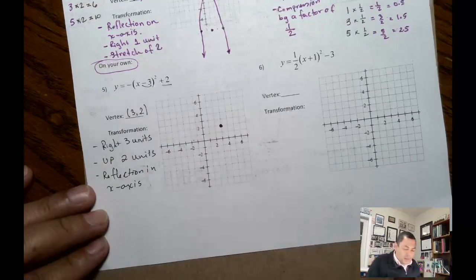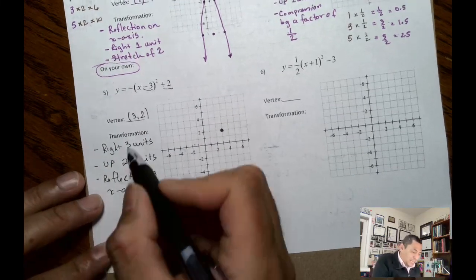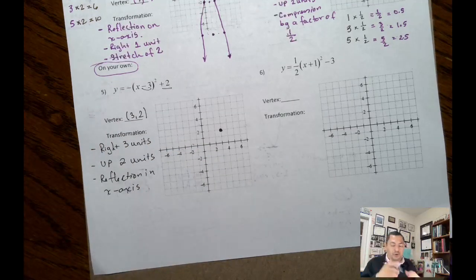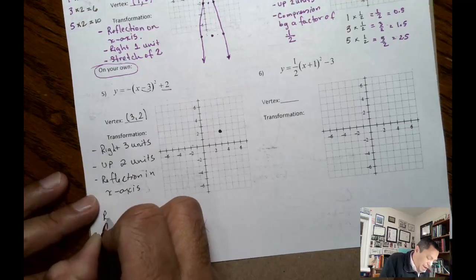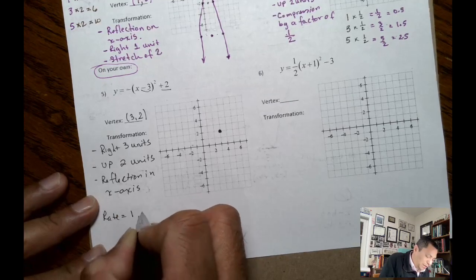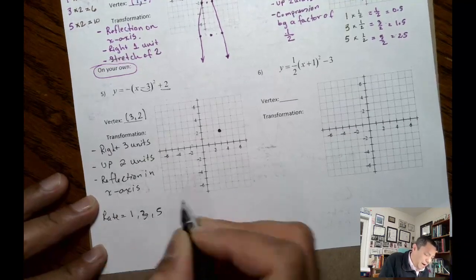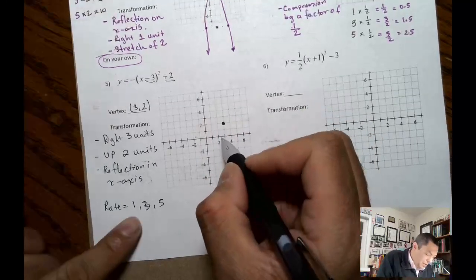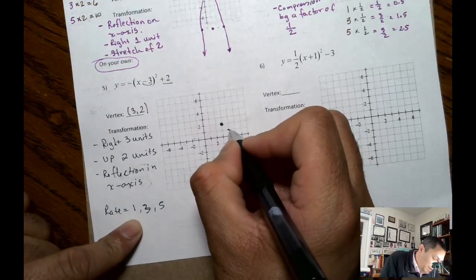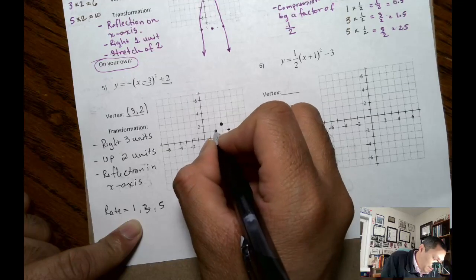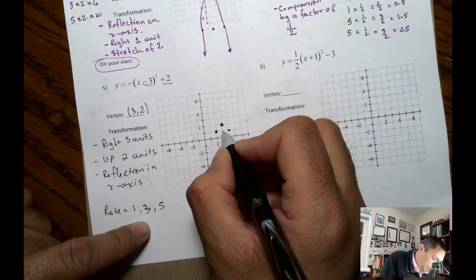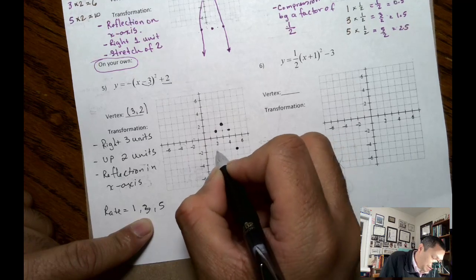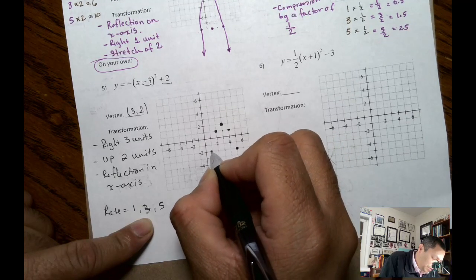That's it, because I don't have a rate here, so there is no wider or narrower; my rate is 1, 3, and 5. So let's start from this point. Instead of going up, we're going down. So I have 1 to the right, 1 to the left. From this point, 3: 1, 2, 3, 2 to the right, 2 to the left.